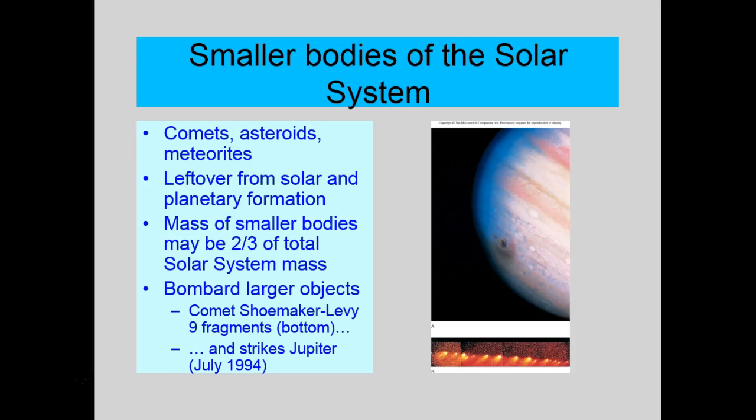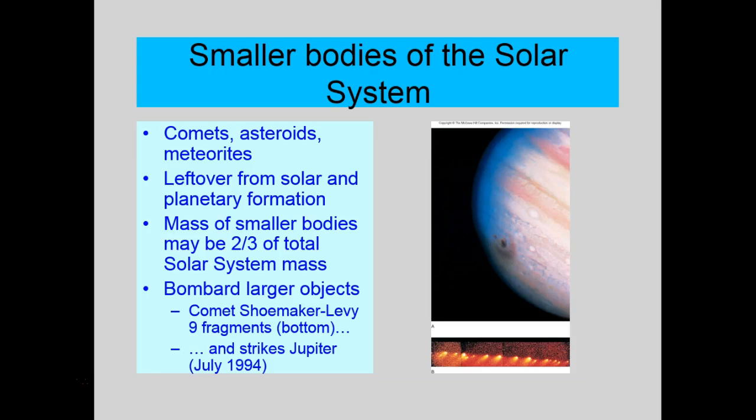Now, these smaller bodies bombard larger objects. For instance, this is it. This is Jupiter. Okay, and it got poor old comet Shoemaker-Levy 9. Its fragments strike Jupiter's surface.